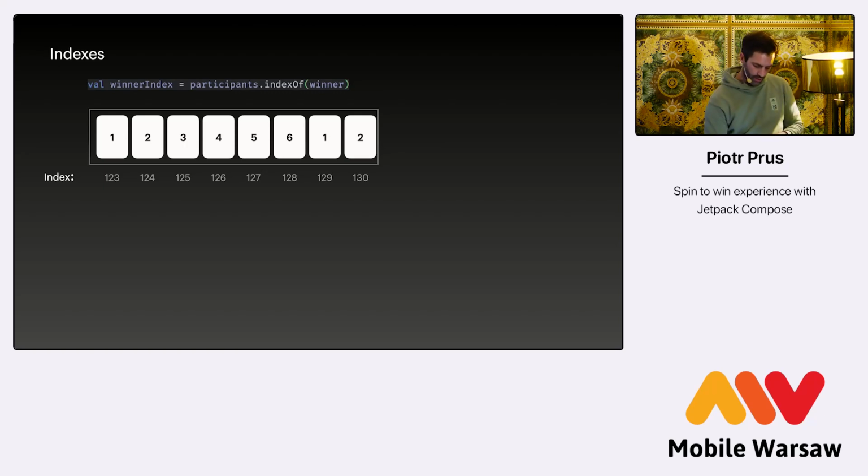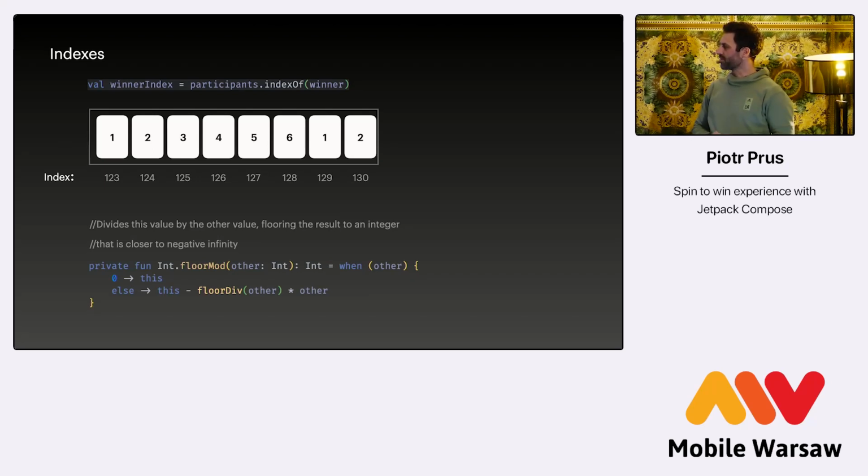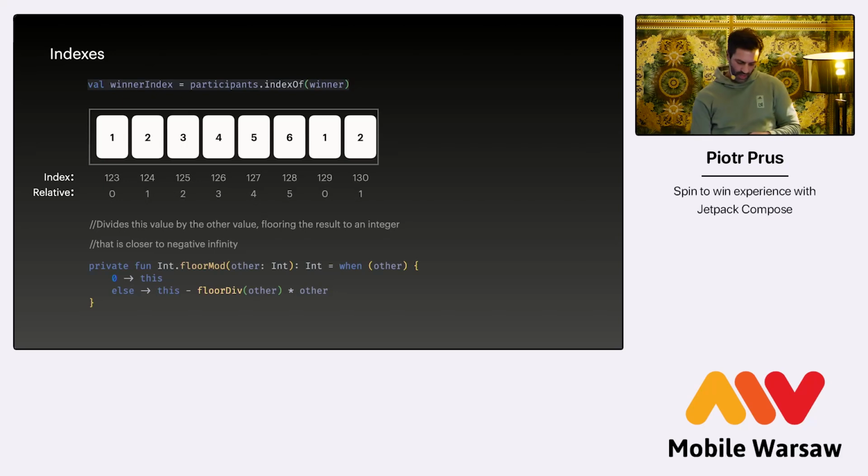So we need to calculate the relative index for all of that, and for that I'm using this floorMod function. It divides this value by the other value, flooring the result to an integer that is closer to negative infinity. And that results in relative indexes. And that will be very helpful in our calculations.